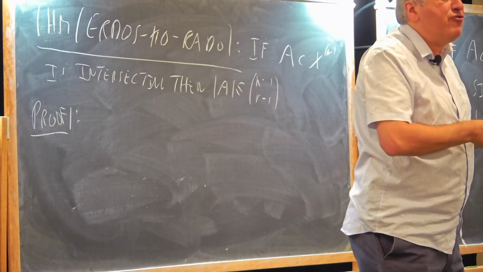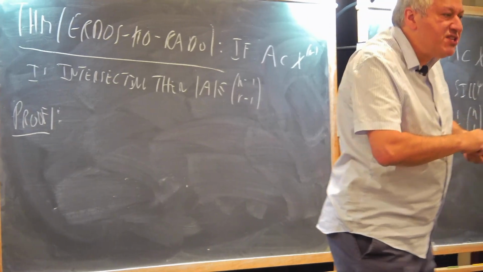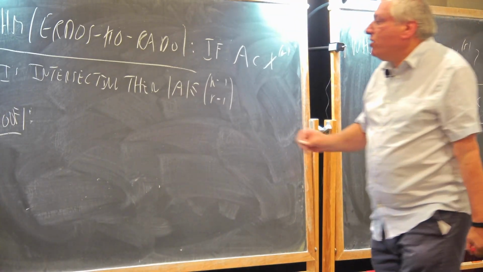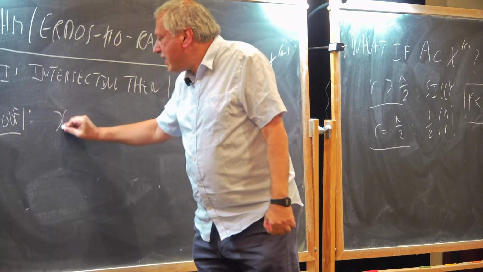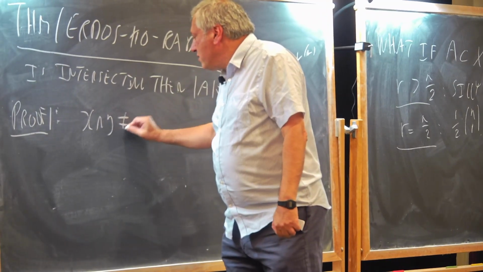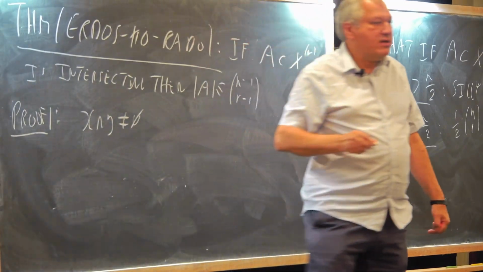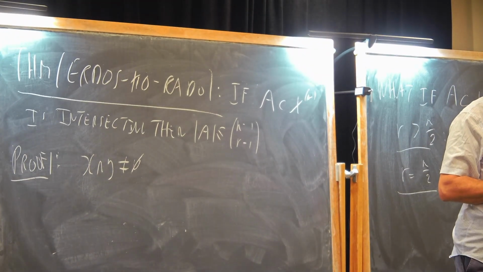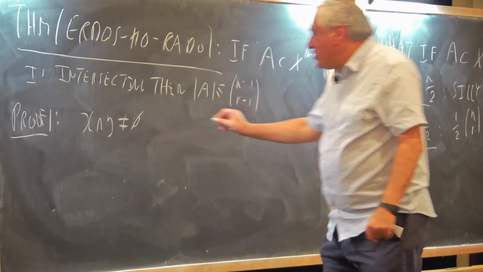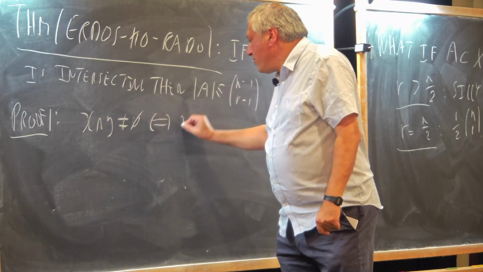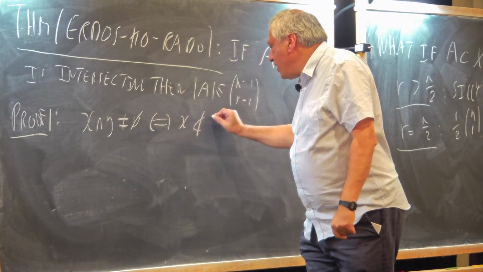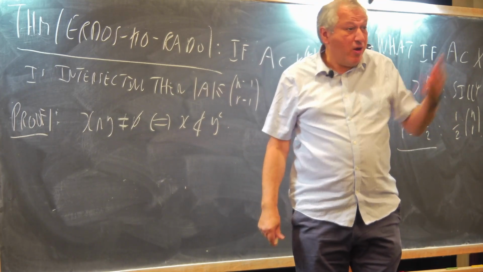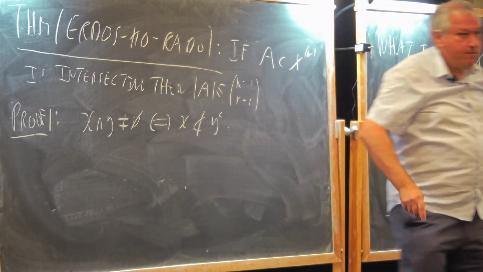So can we rephrase intersecting in terms of some kind of containment? Let's think about it. If x intersect y is non-empty, that says x doesn't live in y complement, right? So that's the same as saying x is not contained in y complement. If it were contained in y complement, it would be disjoint from y, by definition.